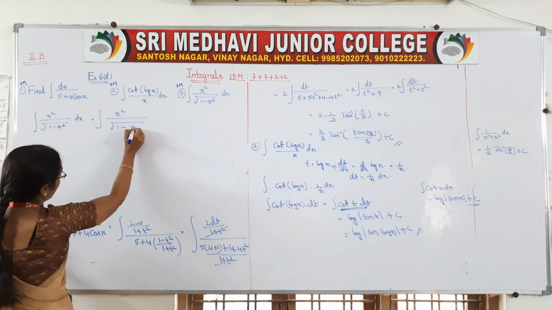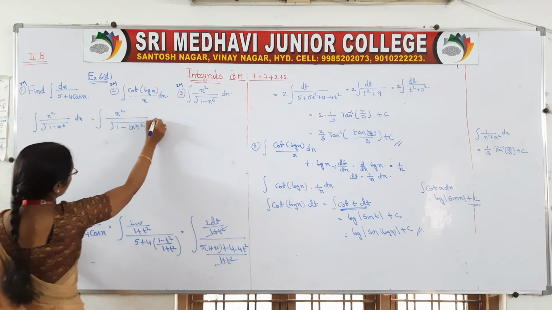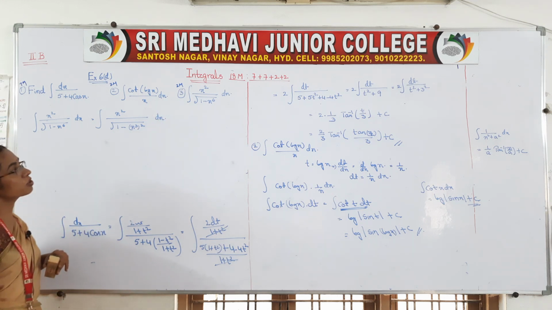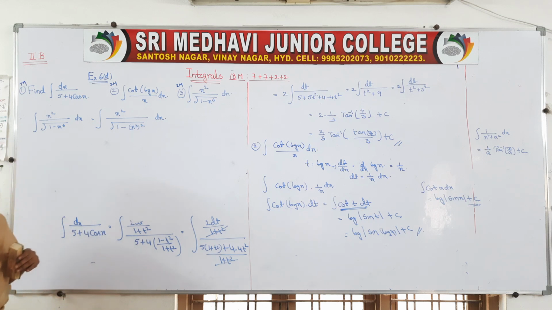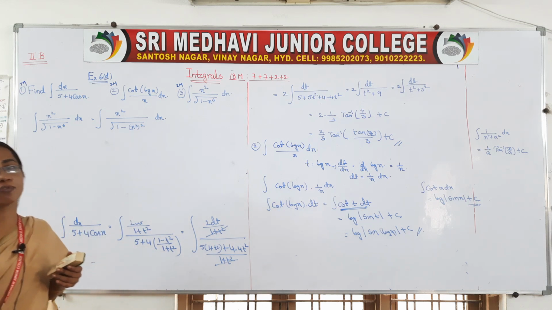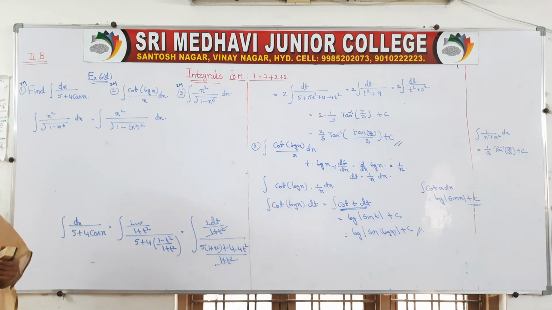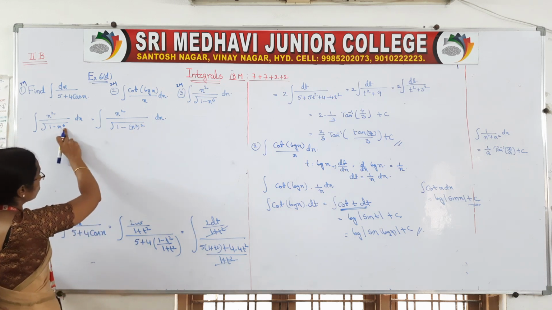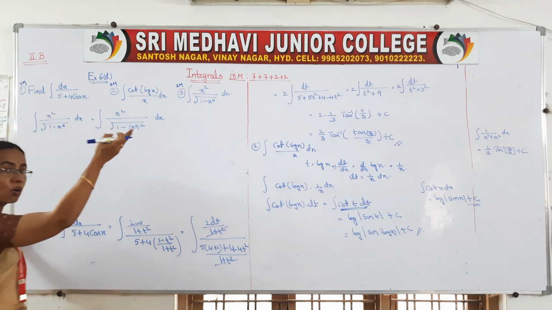We can write x cube whole square into dx. So why x cube whole square? If we take x cube as t, you know the derivative of any value's power, one power will be reduced by one. So for that sake, we have taken x to the power of 6 as x cube whole square.